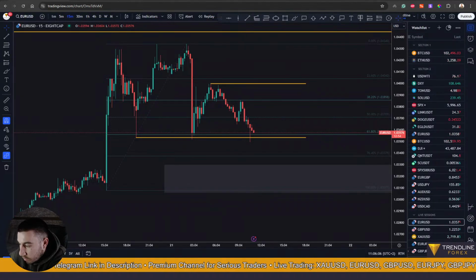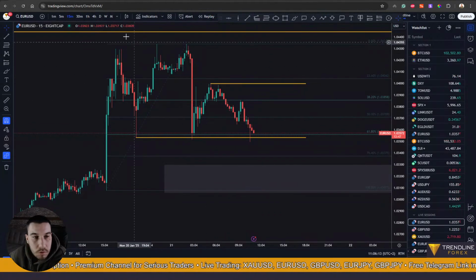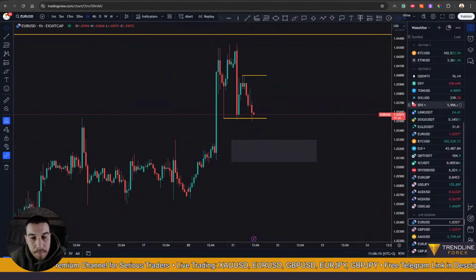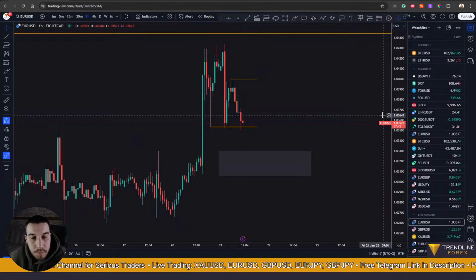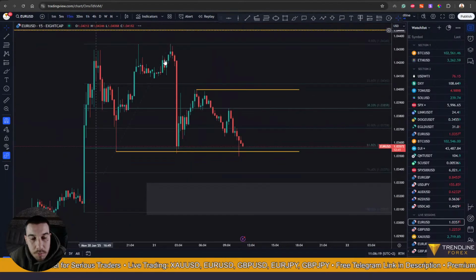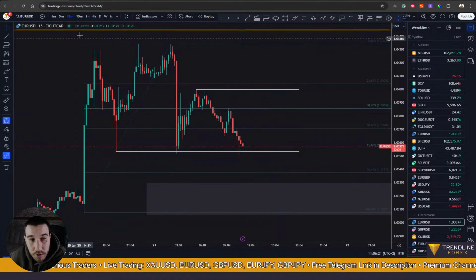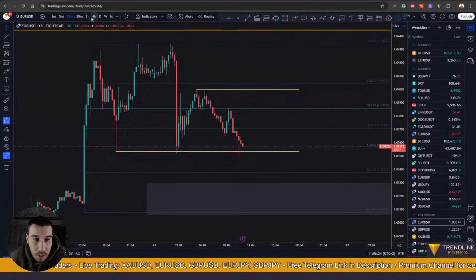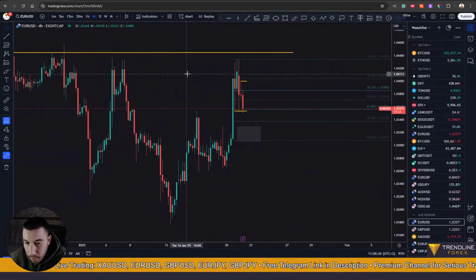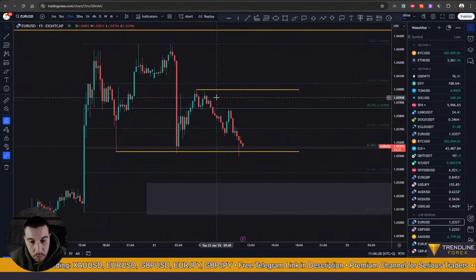What would be a target for you if you get in a long position on euro dollar? So let's have a look. Now, obviously, because I'm looking for potential entries here on the lower time frames, I'm not going to be looking for targets from the 4-hour chart, right? We don't want to be greedy.